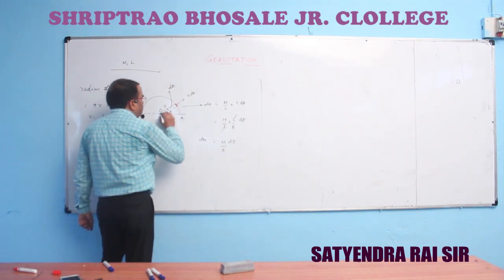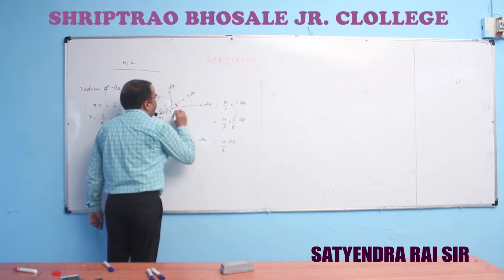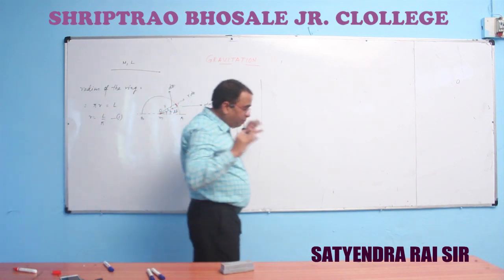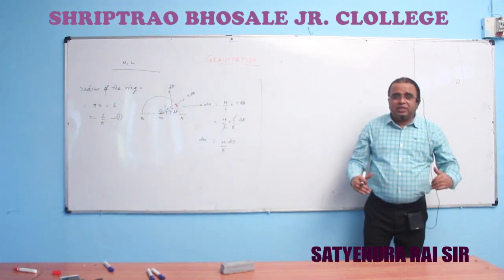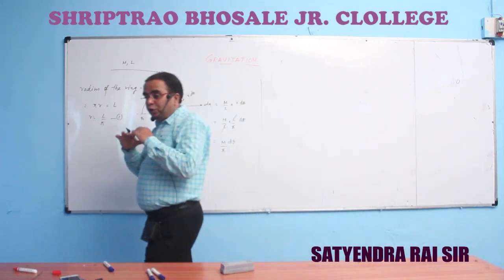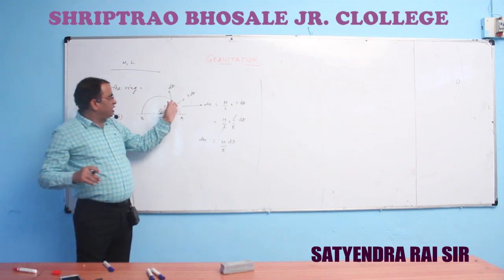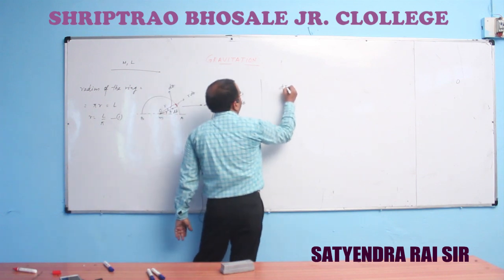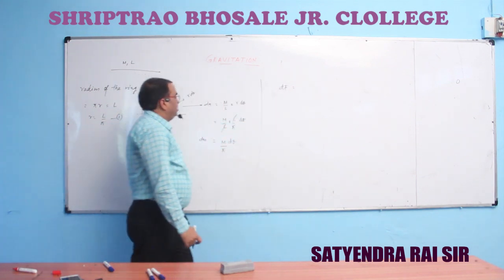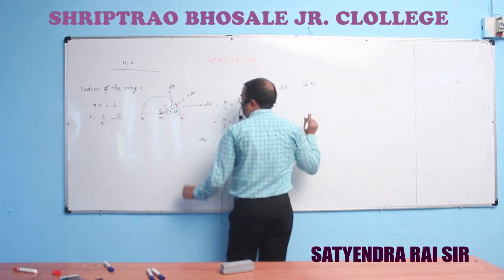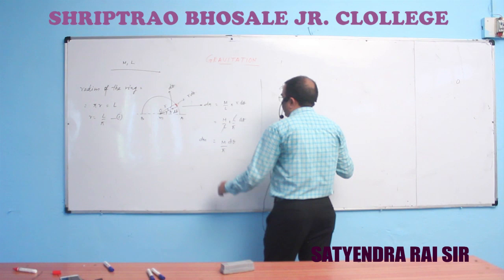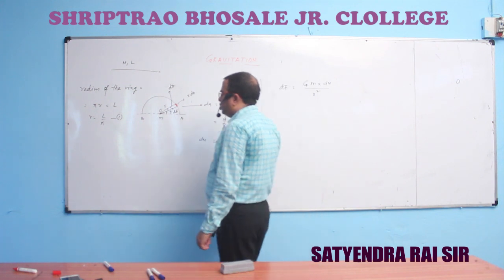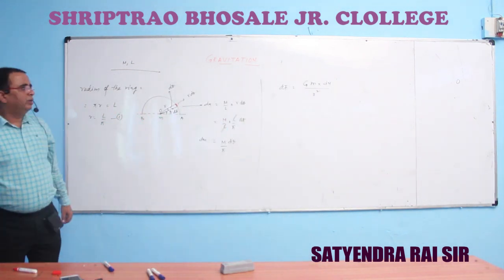Always keep in mind that gravitational force is a force of attraction, not repulsion, so dF will be radially inwards. dF equals G small m, the mass placed at the center, into dm, the mass of this element, upon the distance squared, that is r square.